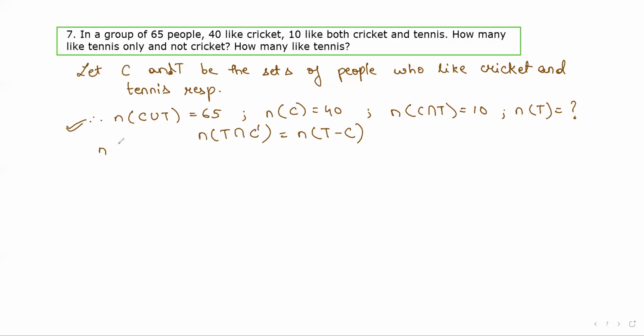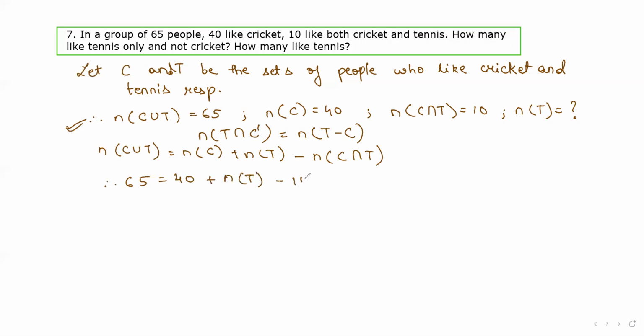It can be directly done by the formula. n of C union T is equal to n of C plus n of T minus n of C intersection T. Therefore, 65 is equal to 40 plus n of T minus 10. Therefore, n of T is equal to 35.